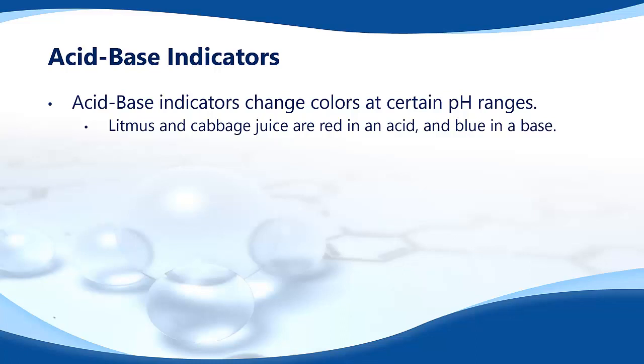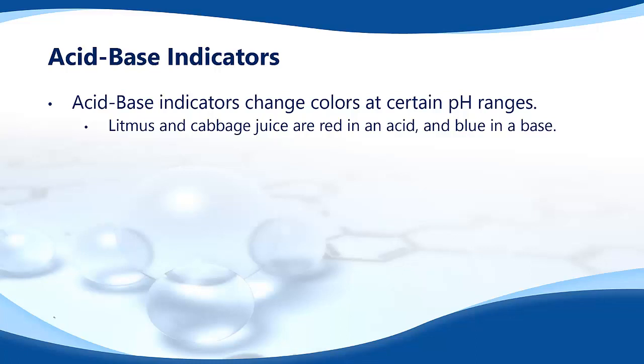In basic solution, they're blue. In a solution around pH 7, they're kind of purplish. An easy mnemonic that you can use to remember litmus is blue to red acid. Right, so it goes red into purple into blue, going from acid to base.